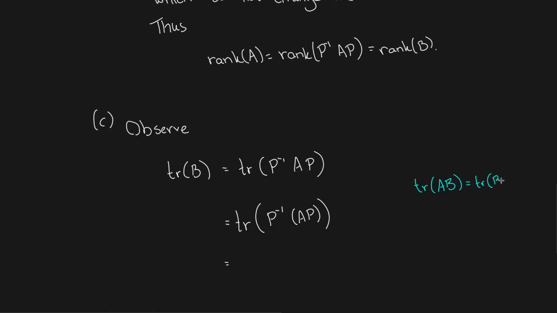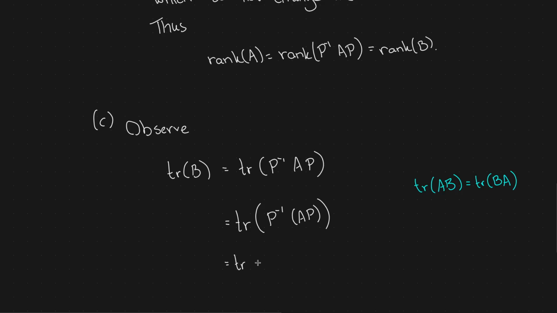We saw that previously, right? I could think of this as the A in this statement, and this as the B in this statement, and then flip them around. Okay?